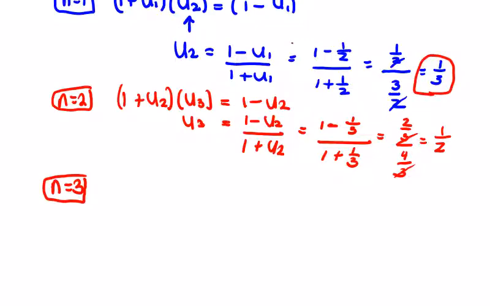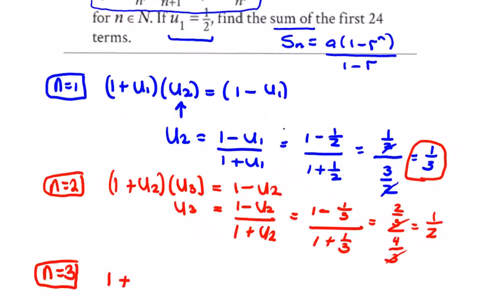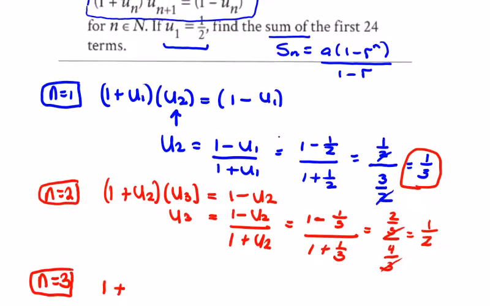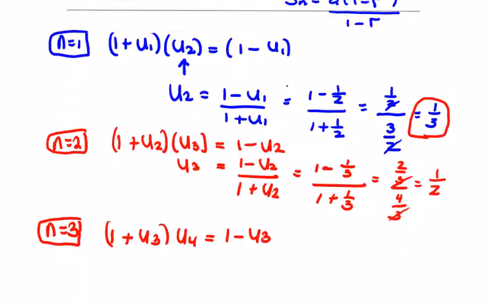So when n is equal to 3, we get 1 plus u3. You could just write immediately that u4 is going to be equal to 1 minus u3 over 1 plus u3.